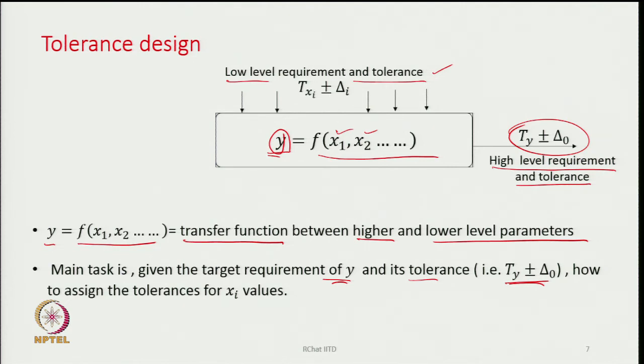We need to find out what should be the tolerances of the x's, and not only tolerance, this is one thing, what should be the target value of the x's also. Both of them, especially here we are discussing about tolerance. So, therefore, we are focusing more on tolerance. So, if the tolerance of the output is given to us, how do I find out tolerance of the individual independent parameter that affects the output parameter?